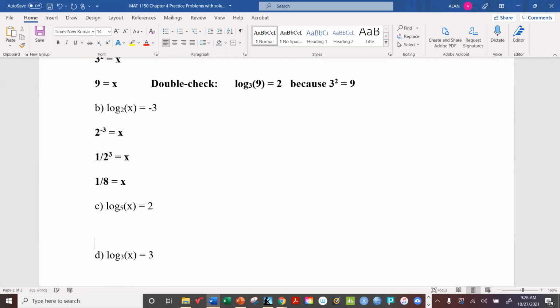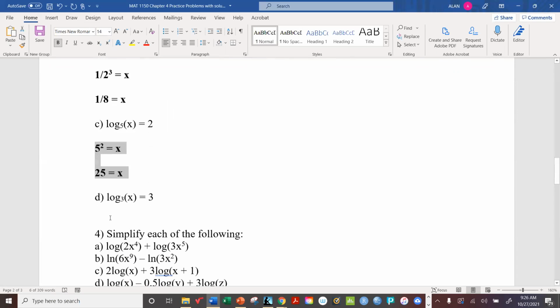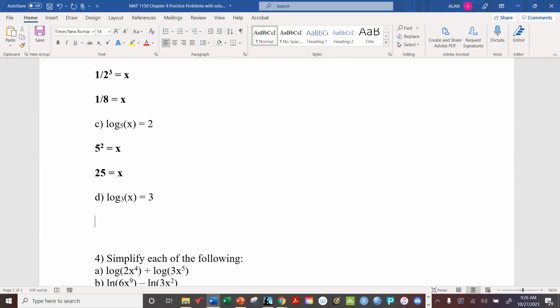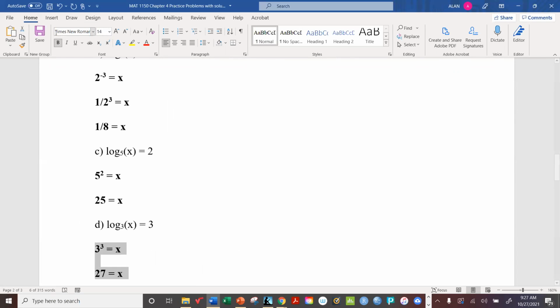Now here, this one tells me that 5 squared is x, or very simply, 25 is x. And then finally, one more, 3 cubed is x, 27 is x. And that's it. That's all you had to do. All right.